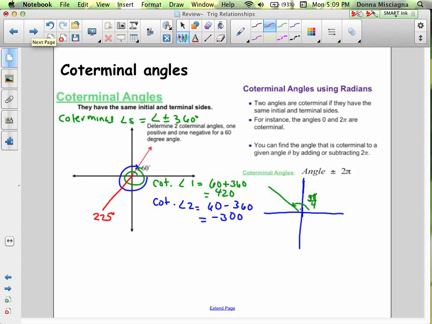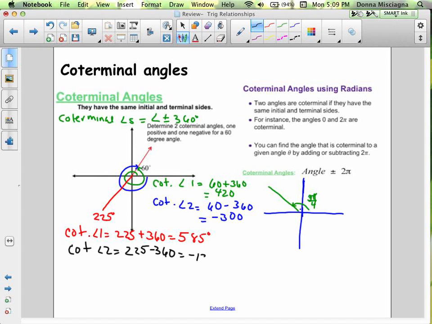So for 225 degrees, a positive coterminal angle would be 225 plus 360, or 585 degrees. If we wanted a negative coterminal angle, we can subtract 360 degrees. And that's going to be negative 135 degrees.